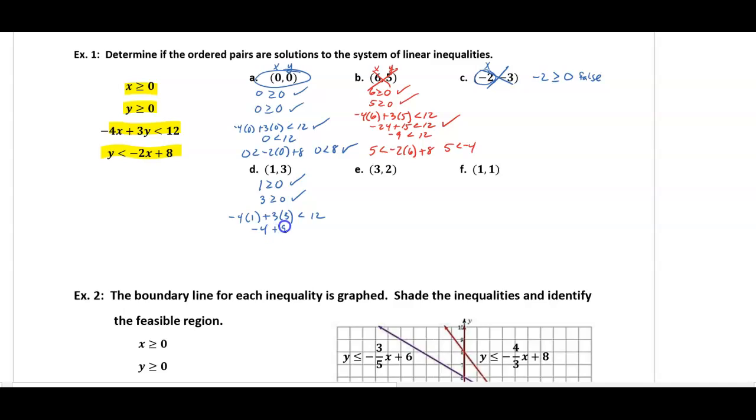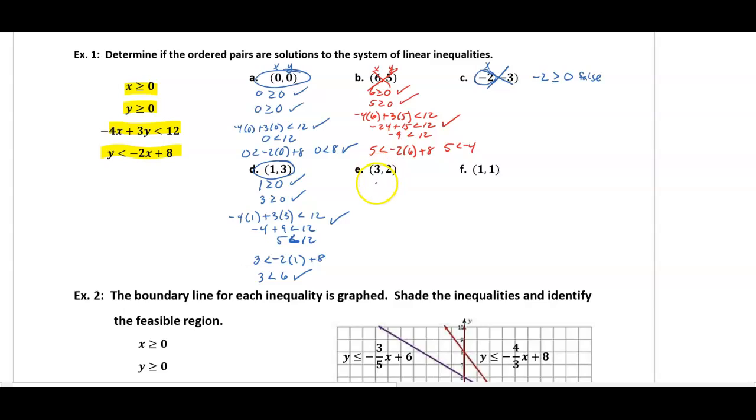Is negative 4 plus 9 less than 12? You should see 5 is less than 12. That checks off. And then the last one is 3 less than negative 2 times 1 plus 8. Is 3 less than 6? That checks off. 1, 3 is a solution.